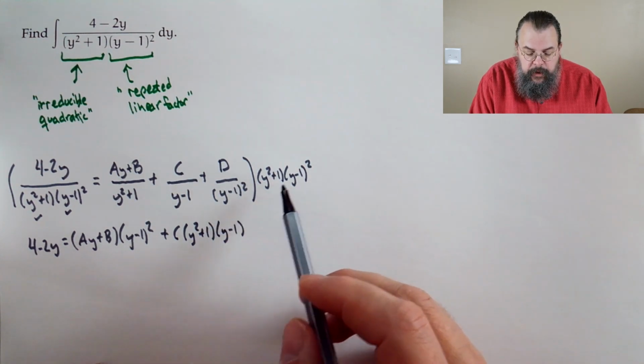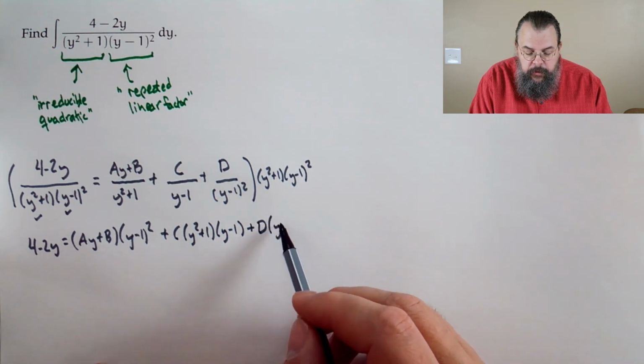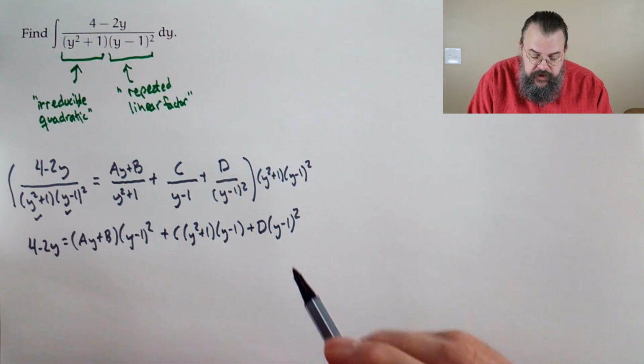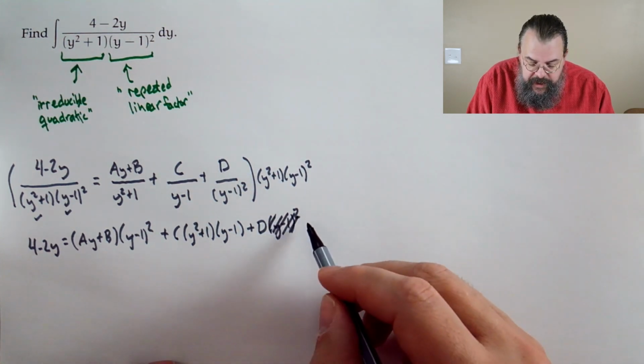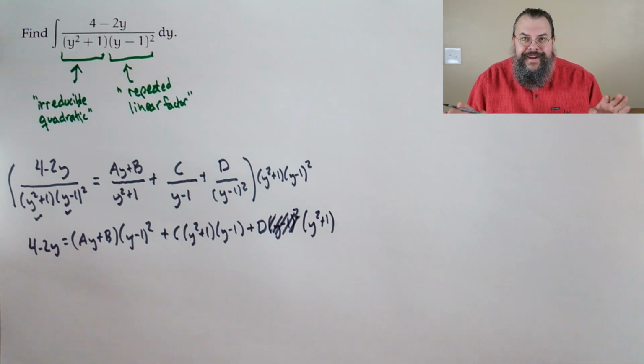And here, the y minus 1 squareds cancel, so we're going to get D times y minus 1 squared. Oh, sorry. Those are what canceled. D times y squared plus 1. Sorry. Good. Whew. All right.